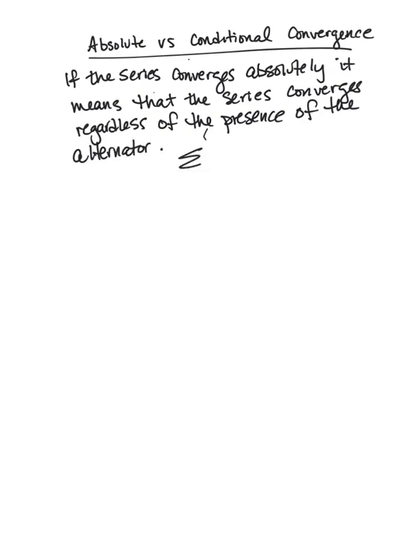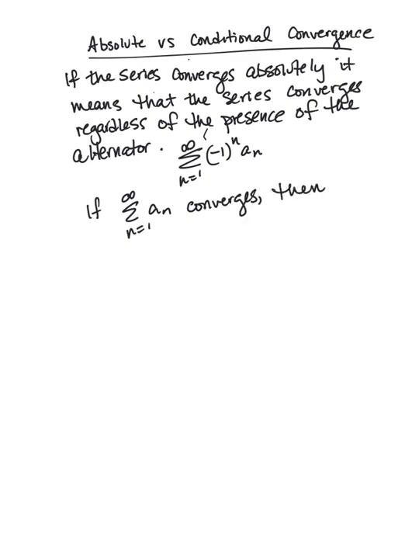Okay, so in other words, let's say you have a series (-1)^n times some positive series. What this is saying is that if a_n, so if you get rid of the alternator and you do a test for a positive series, if this converges, then the series (-1)^n a_n converges absolutely.